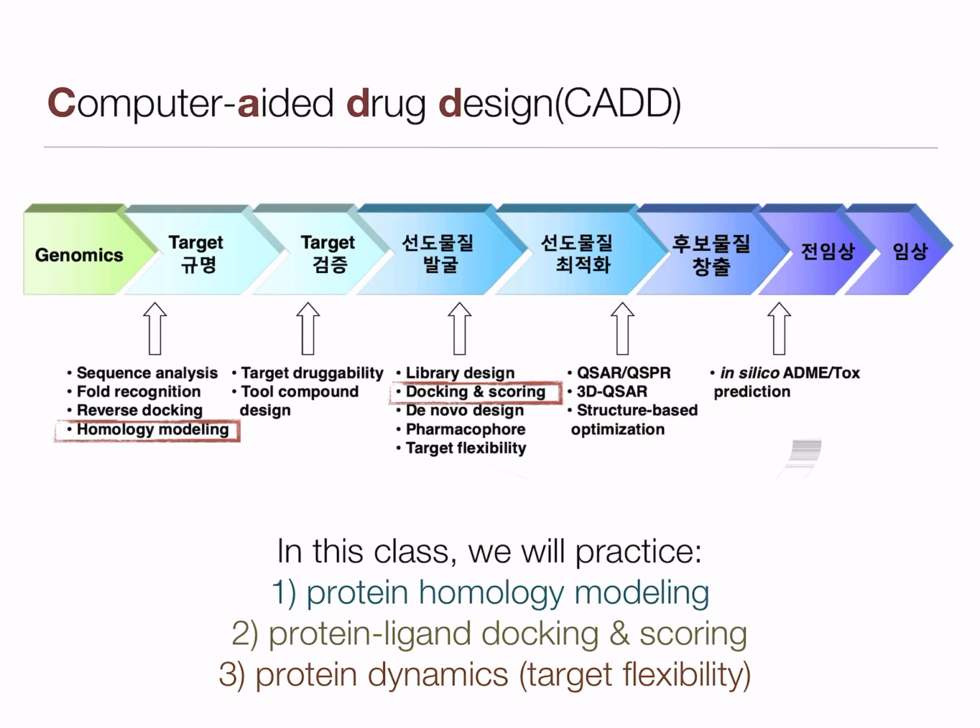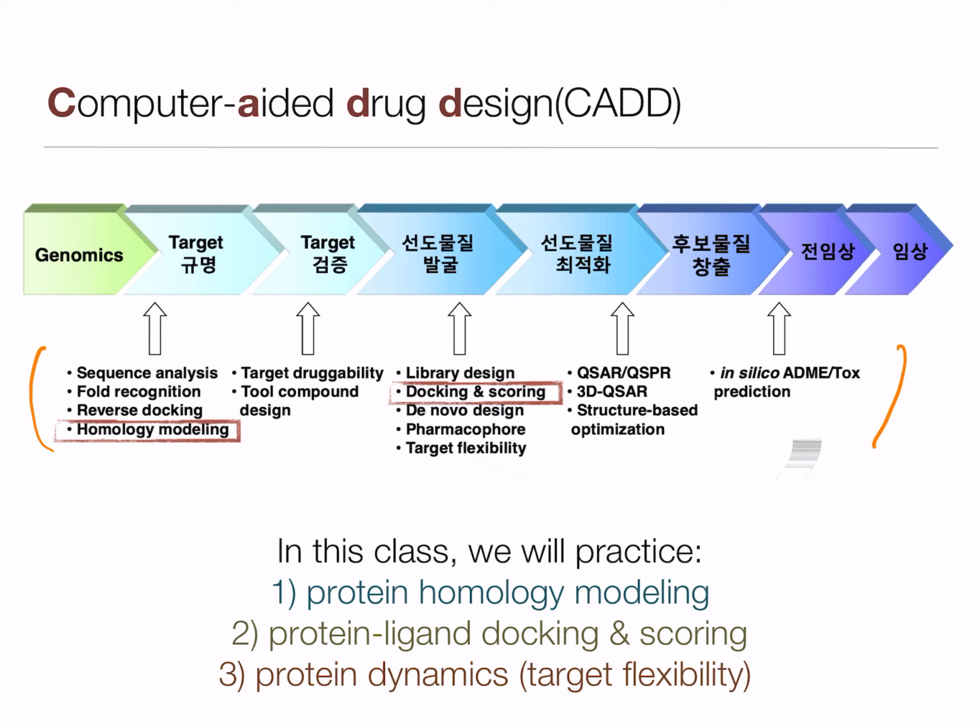In order to solve this problem, people are trying to use computers quite actively and widely. This picture shows what kinds of things computers can help with during the drug discovery process. First, during target identification, we can do sequence analysis, fold recognition, and homology modeling.